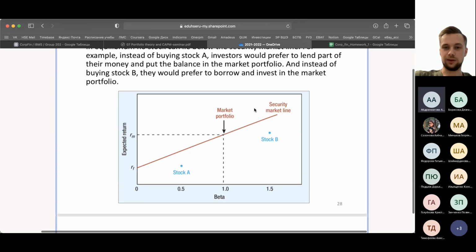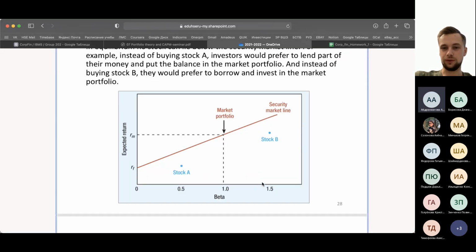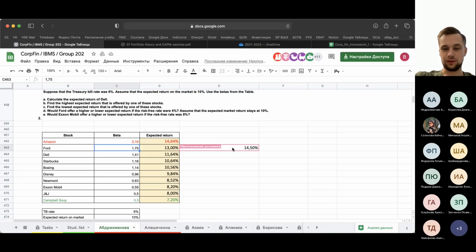For companies situated on the line, like Ford, which has a beta of 1.75, the line will change and Ford will be situated somewhere here with a higher return. And we check it, and you have calculated that the return in this case will be 14.5.